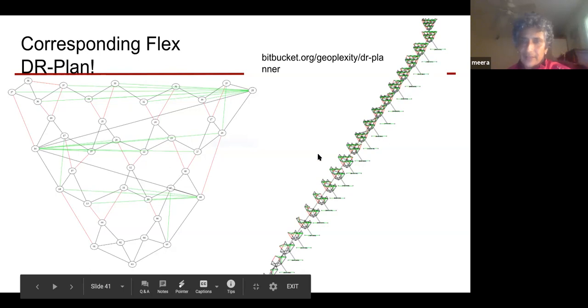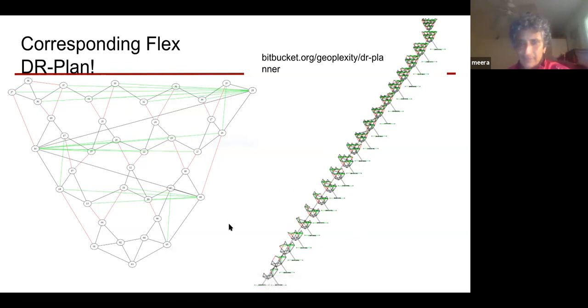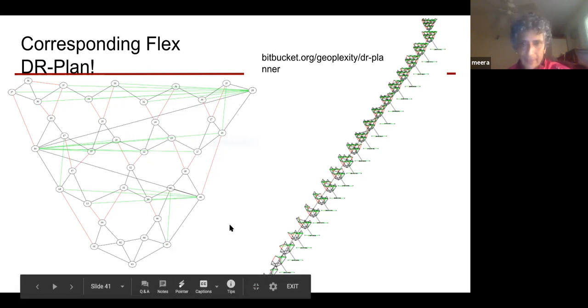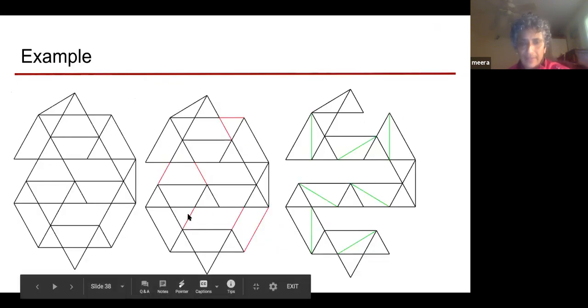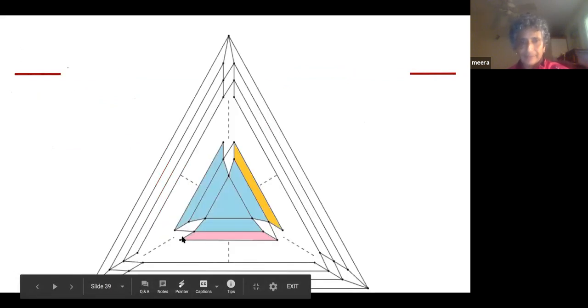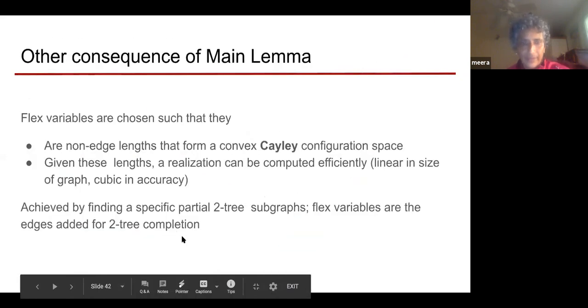This is just from our software that gives us the whole FlexDR plan here. Flex because we have some degrees of freedom in the subgraphs, because if you look here, there are 3 degrees of freedom by the time you are able to find the possible values of this edge, right?